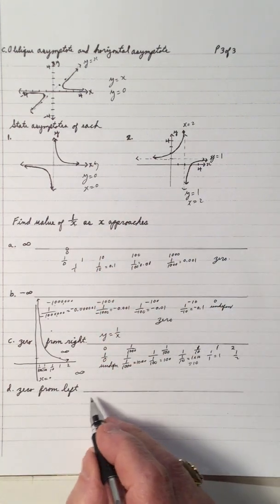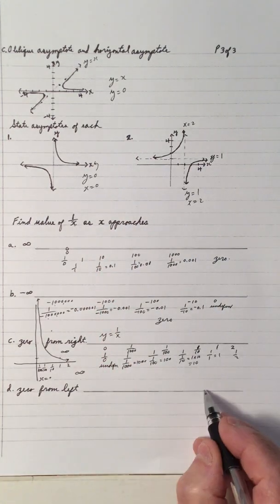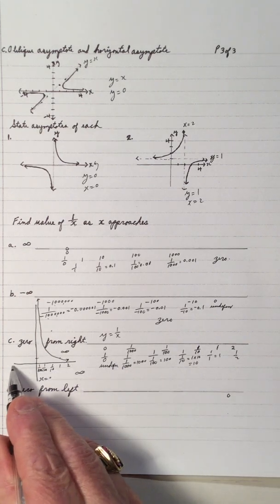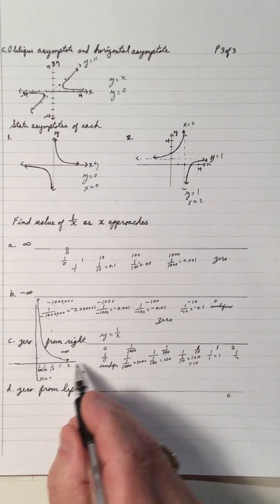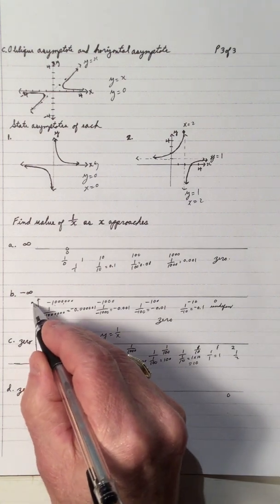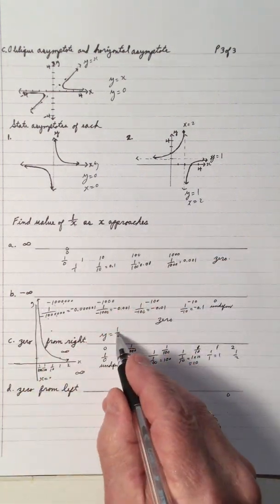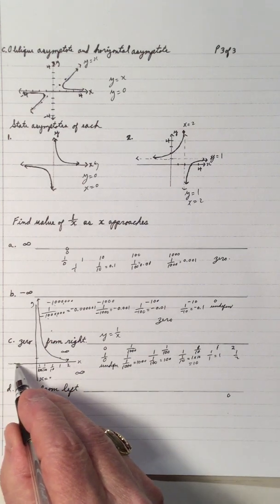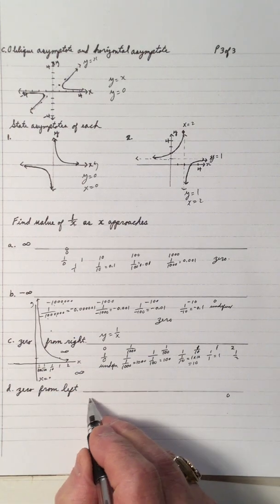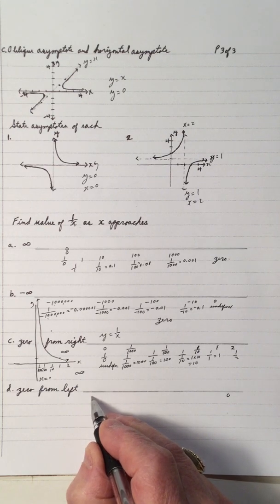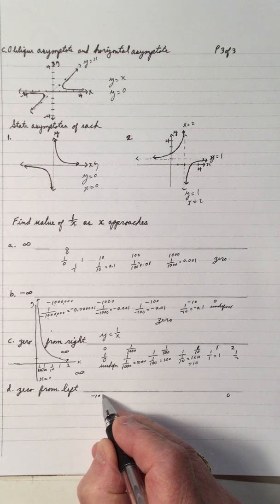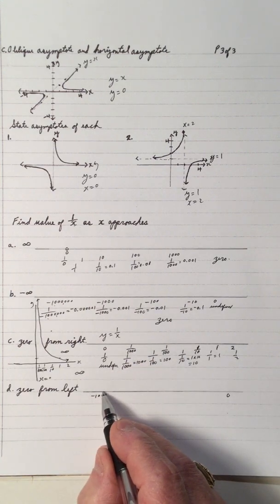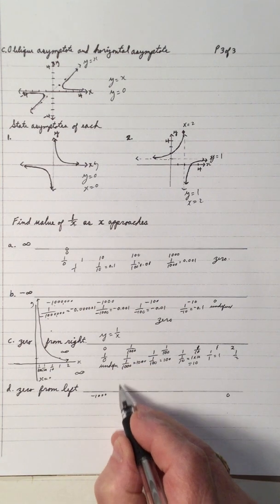So what about if you approach 0 from the left? So here's a 0, so that means you're on the opposite side. Think about this graph. This is x and this is y. If you think about y equals 1 over x, here's the graph. As you approach 0 from this side, if you get a negative 1,000, then 1 over negative 1,000 is small.